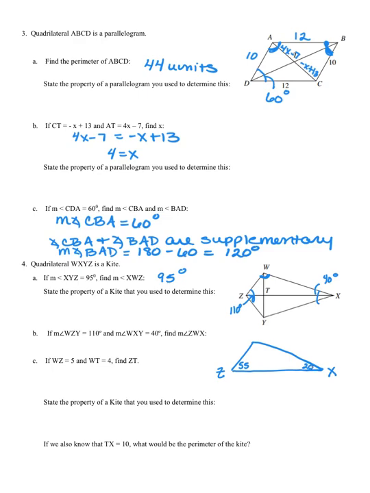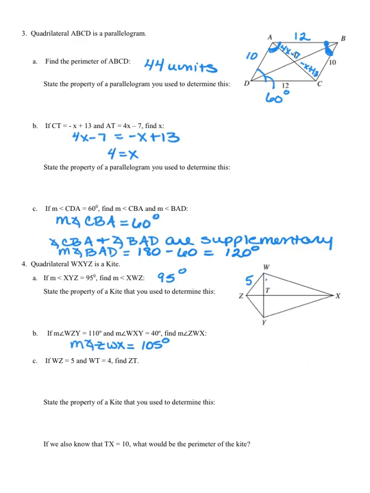And we can use triangle sum to help us figure out the measure of angle ZWX, and that would be 105 degrees.